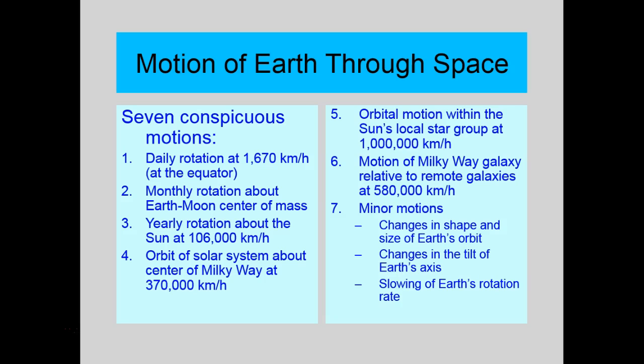We're much bigger than the moon, but the other moons compared to their planets are minuscule. Grains of sand, okay? Not us. Because of that, when the moon moves around us, we move a little bit too. Not much, but a little bit. That's what they're talking about, the monthly rotation about our Earth-Moon center of mass.